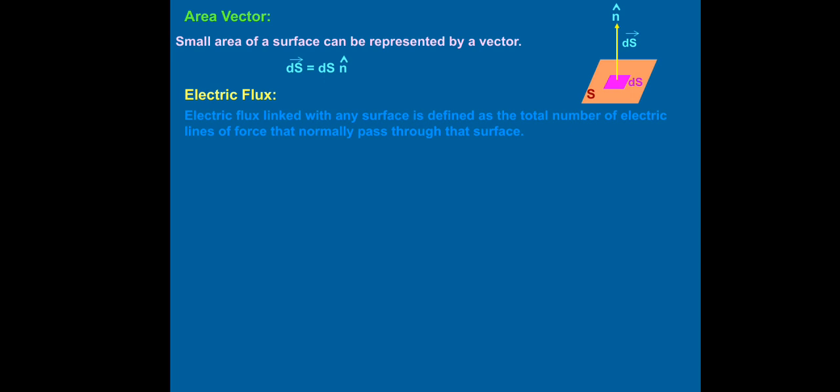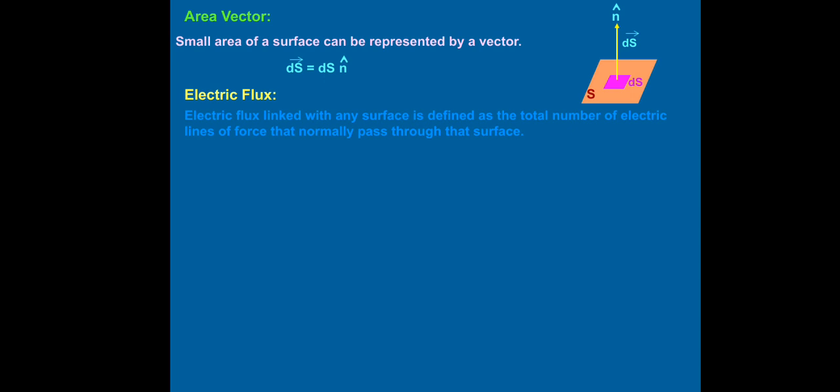This is not exactly the total number of field lines which can be counted, because the number of field lines for a particular charge may be drawn differently by different students. The same electric field can be represented by different numbers of lines in different situations.